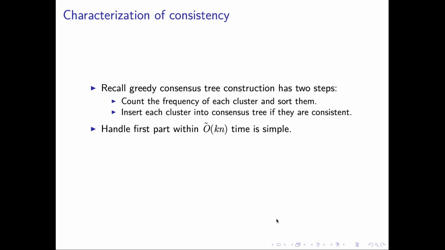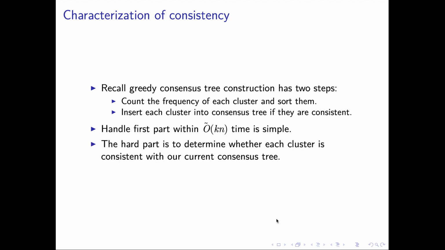To count the frequency of each cluster, you just need to distinguish different clusters, identify distinct clusters. To do so, if we allow randomization, you can use hashing to distinguish different clusters. And if we do not allow randomization, you can still use some bit string techniques to handle it. So this part is very easy.